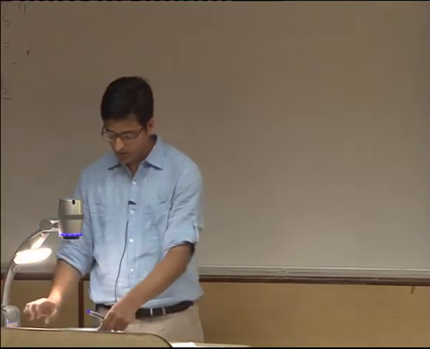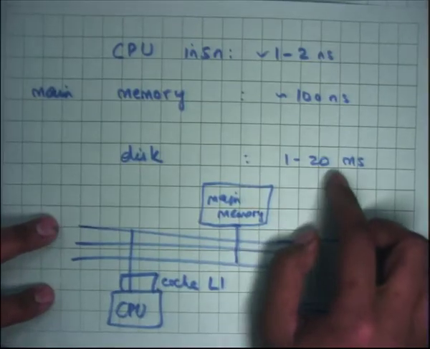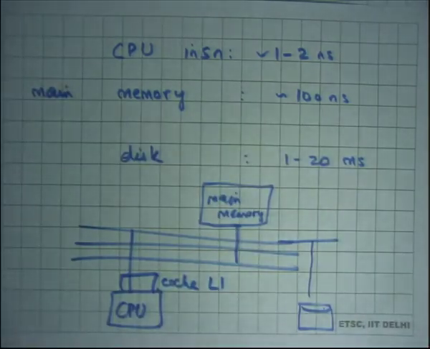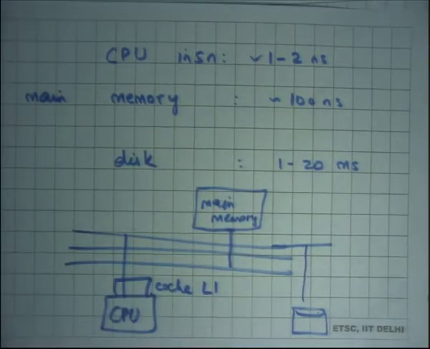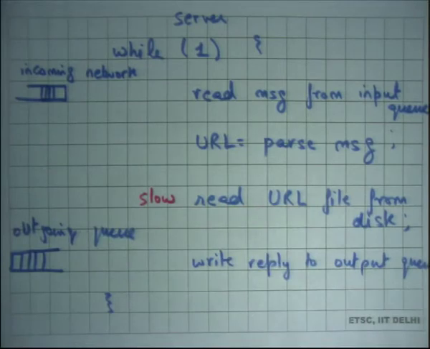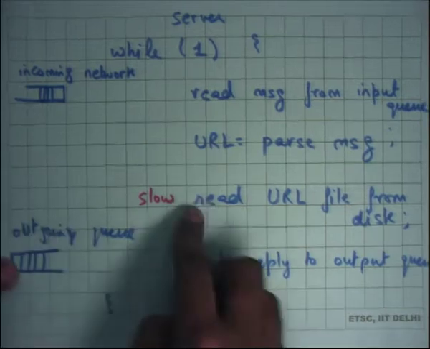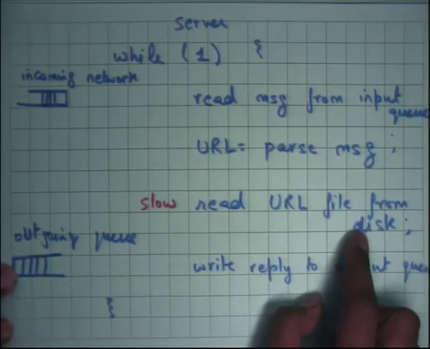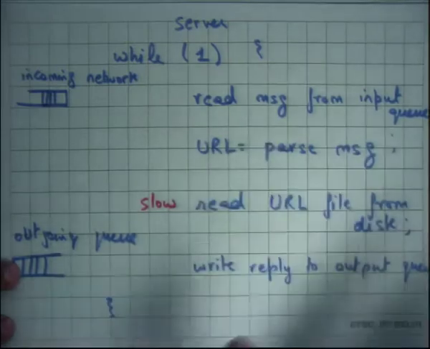So with that, we end up with a number something like 1 to 20 milliseconds to do a disk access. And where does that leave us in terms of a web server? It basically means that every request to the web server will take roughly 1 to 20 milliseconds, because this is by far the slowest step, and everything will get serialized here.